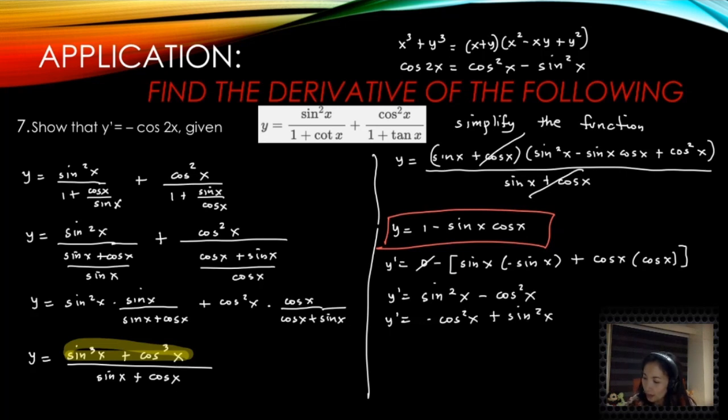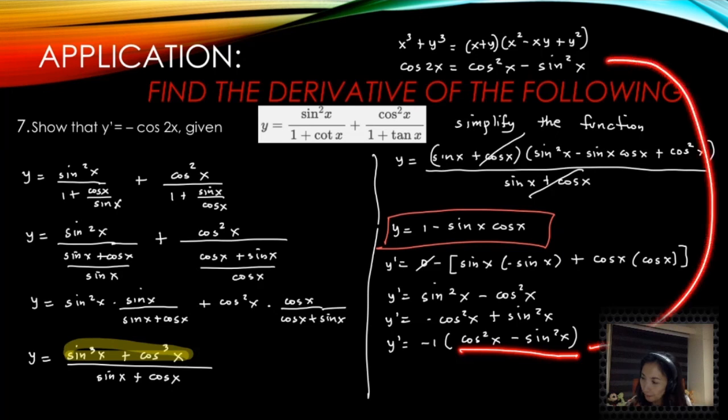If I factor out negative 1, this becomes cosine squared x minus sine squared x. What is this equal to? It's cosine 2x.